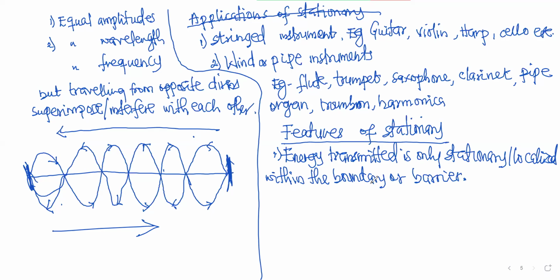Whereas in a progressive wave, the energy is continuously propagated within the medium. That's why I said right from the beginning that in a progressive wave, the medium must be so big or large. But here, the medium must be smaller so that the energy only stays within the boundary.